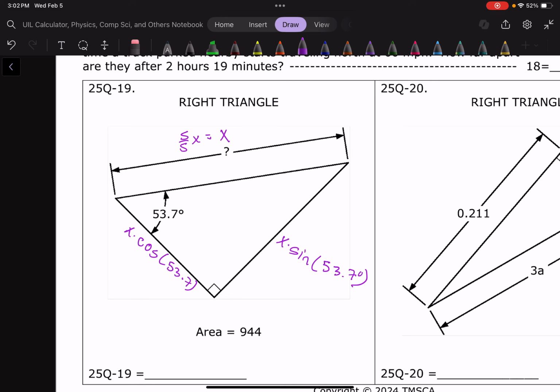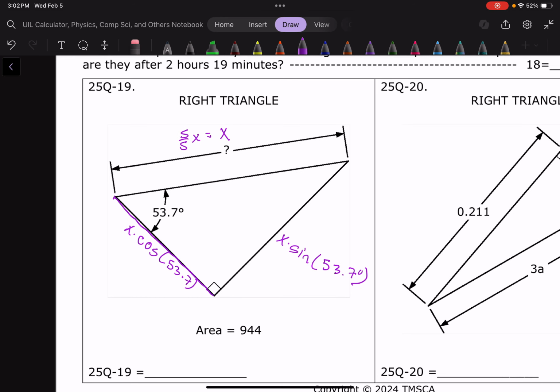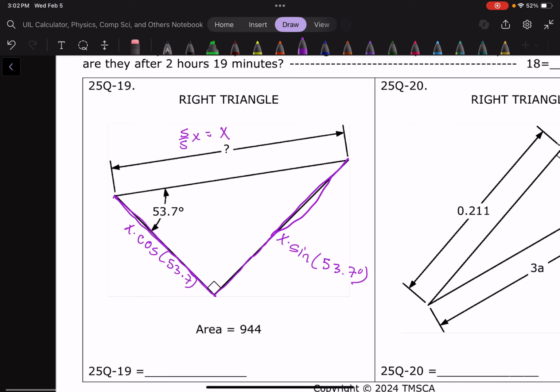Okay, so here's our base. Any area is 2 perpendicular distances multiplied. So base times height and then divided by 2. So 944 is going to equal x sine of 53.7 times x cosine of 53.7. I apologize, I have run out of space.